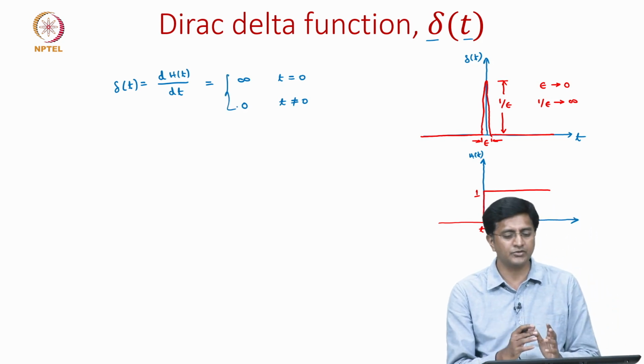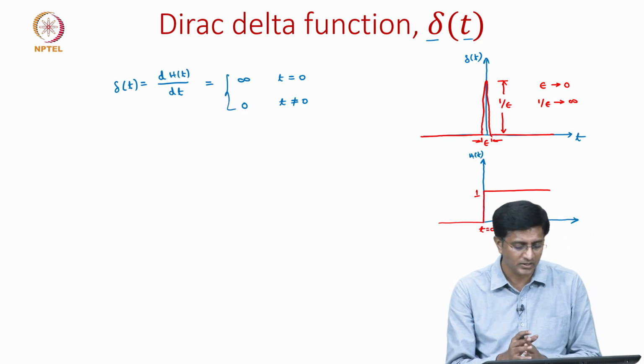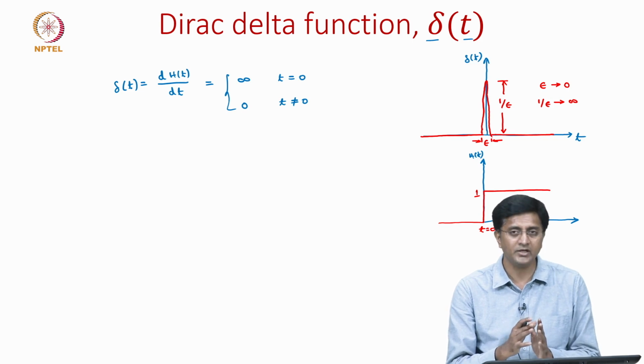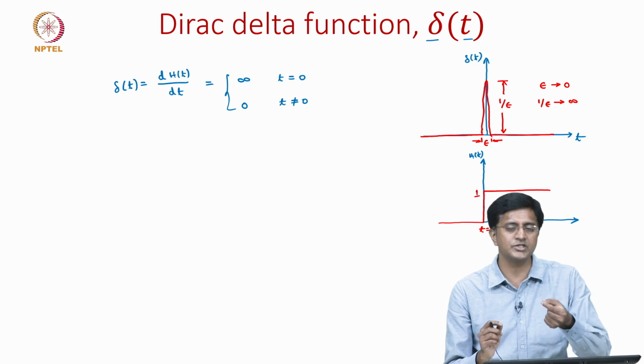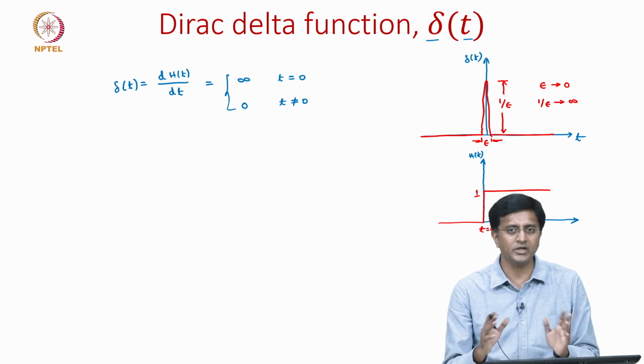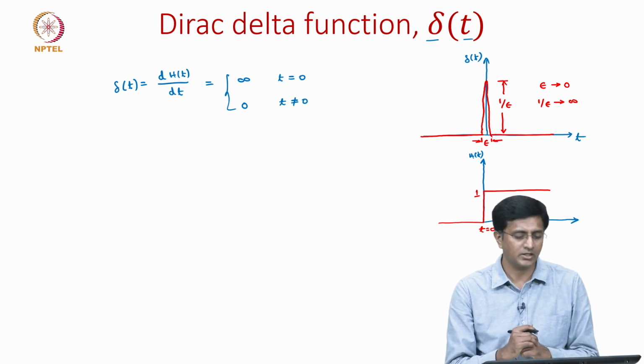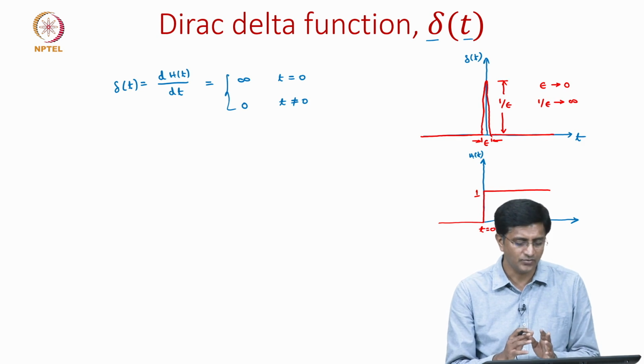So, this is the definition of the Dirac delta function, saying that it is infinite at time t equal to 0 when the Heaviside function changes from 0 to 1, but at every other instant the Dirac delta function takes a value of 0.